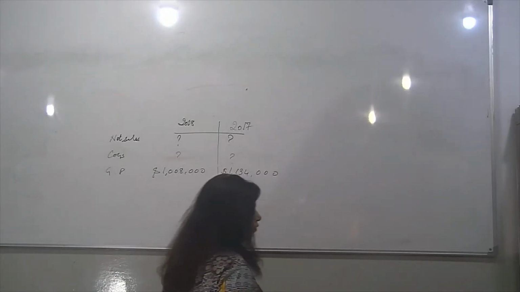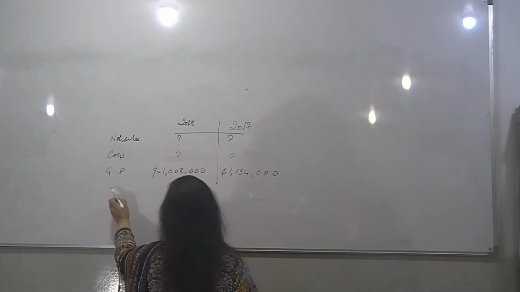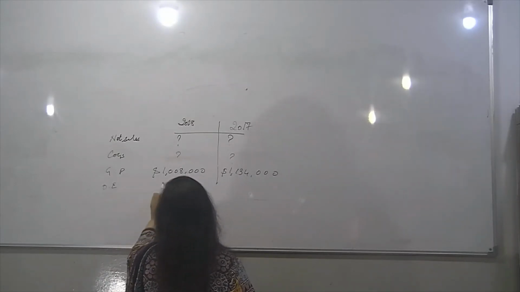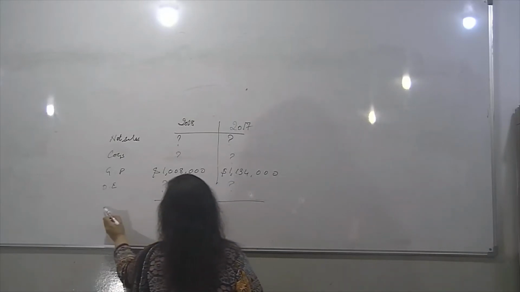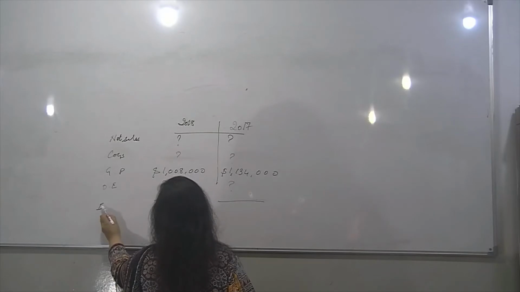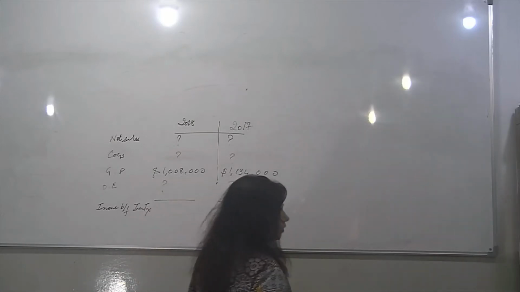Then we have income before income tax. Then we don't have operating expenses, okay? So we have to find out operating expenses, and then we get income before income tax. This is for income tax, okay?